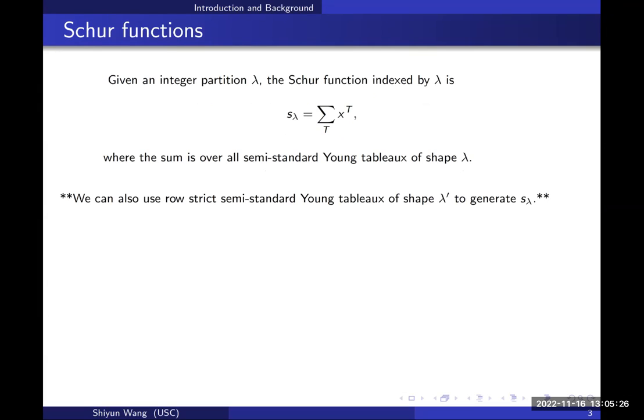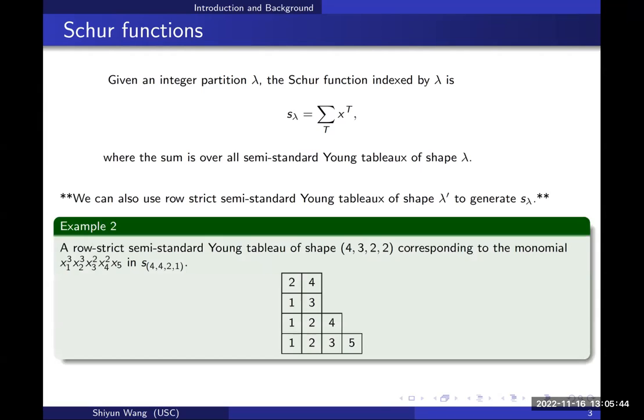The next important observation is that we can transpose the semi-standard tableaux, and generate the same Schur function s lambda using semi-standard tableaux in the shape of lambda prime.